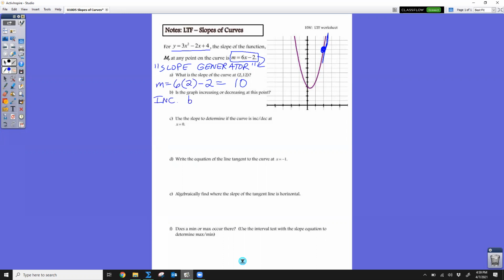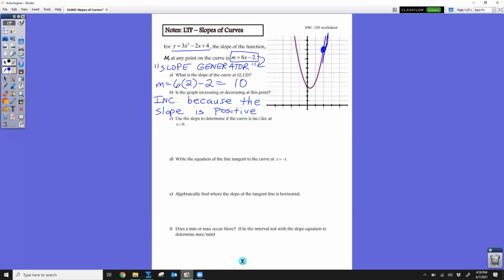It's increasing because the slope at this point is positive. The number 10 is a positive number. Therefore, our function must be increasing. So if the slope is positive, the function is increasing.